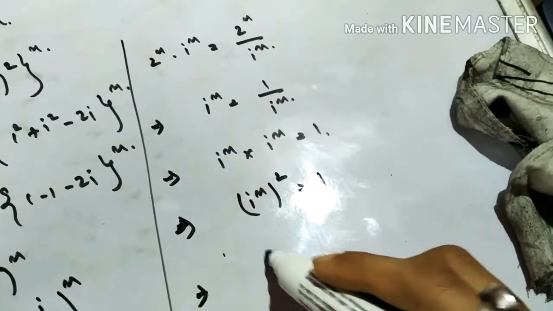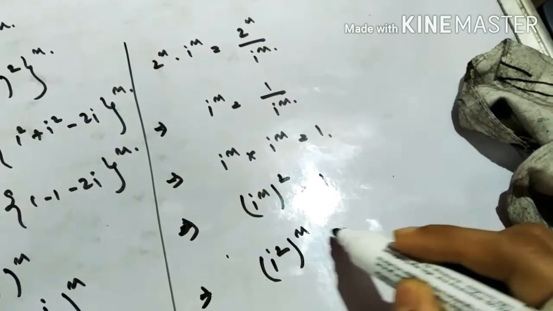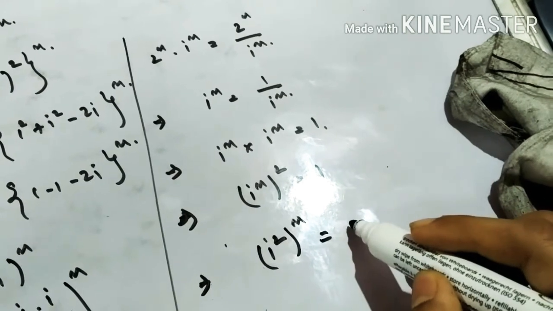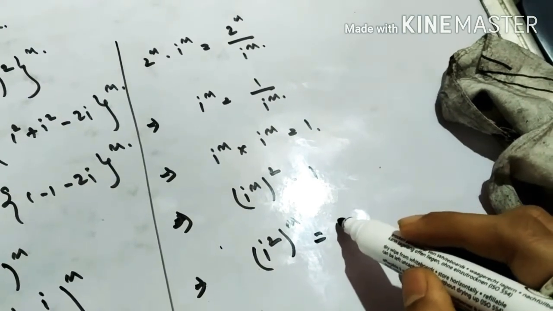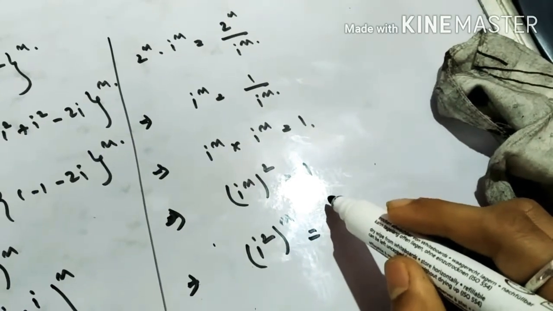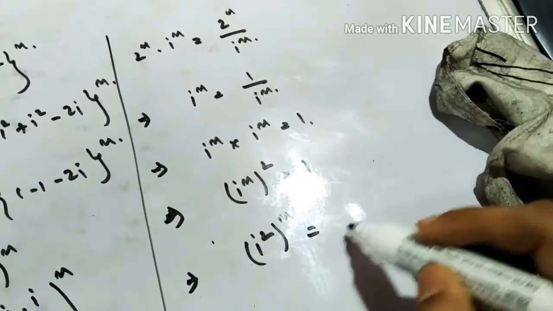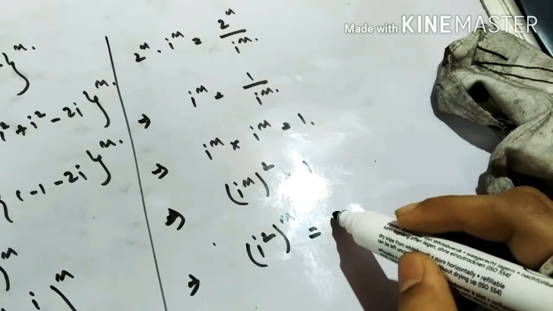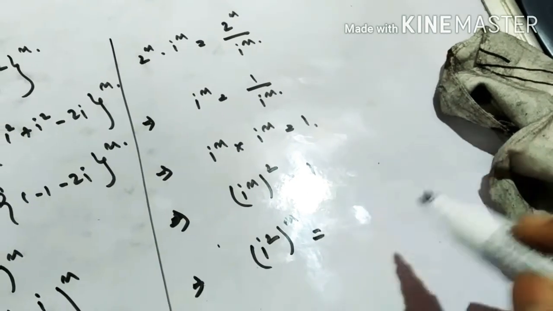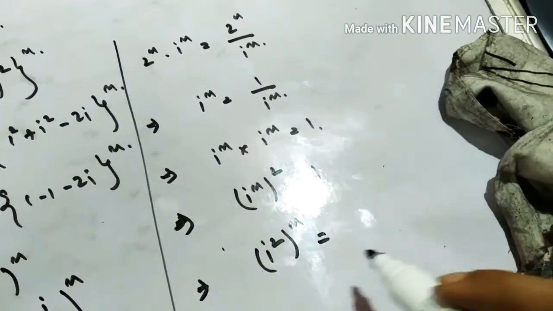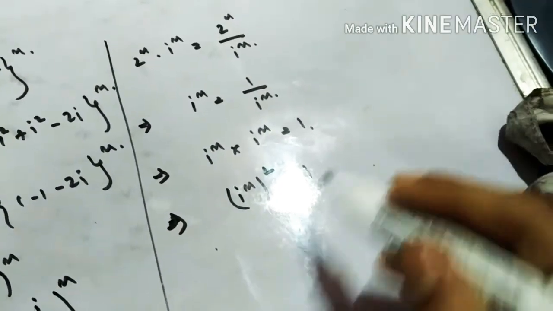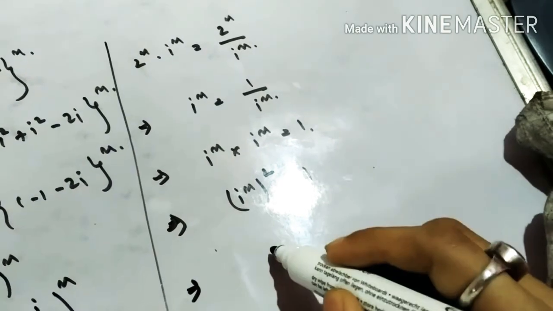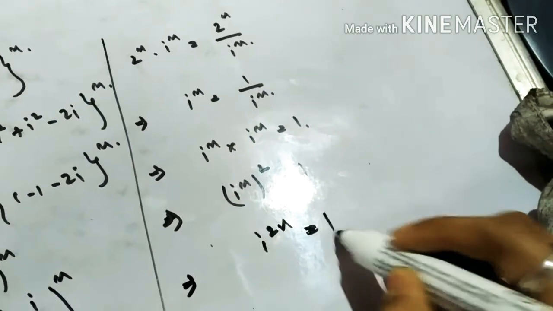Let's not do this. Let's write it in the form i to the power of twice n is equal to 1.